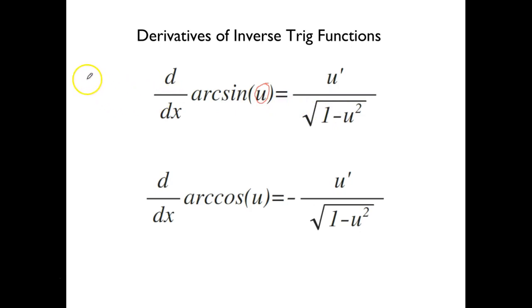So how about we do a little example? Let's say I want to find the derivative of arc sine of, I don't know, 10x squared. I'm just going to use this formula for the derivative of inverse trig functions.